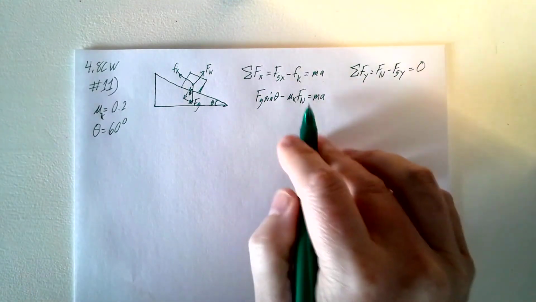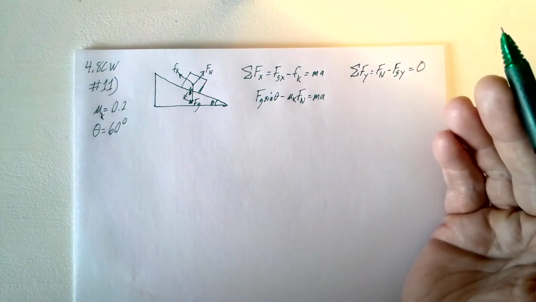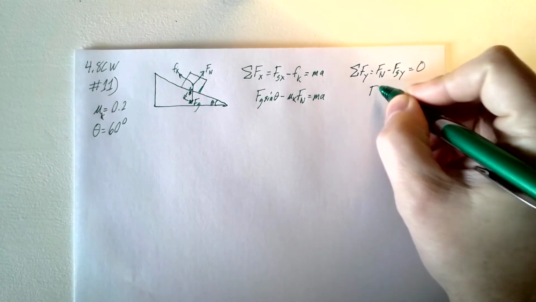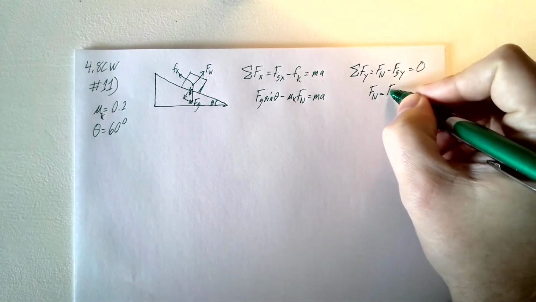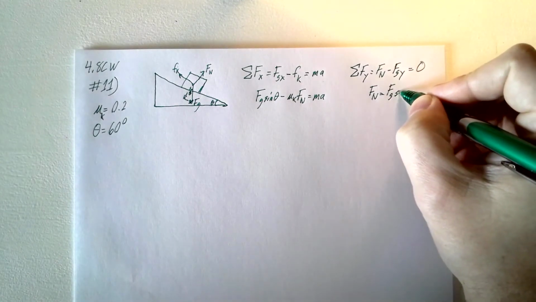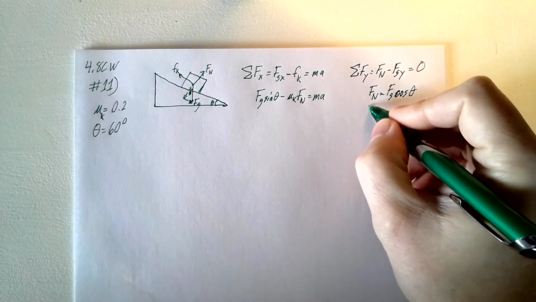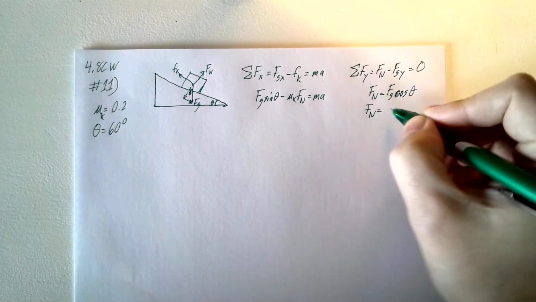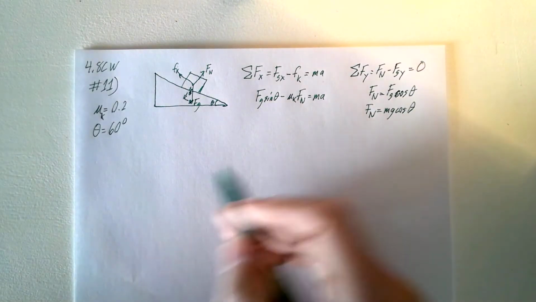We need to know what Fn is. We don't know Fg because we still don't know the mass. So our Fn here from the net force in the y is Fg cosine of that angle. And just to take it a step further, mg cosine of that angle as well.